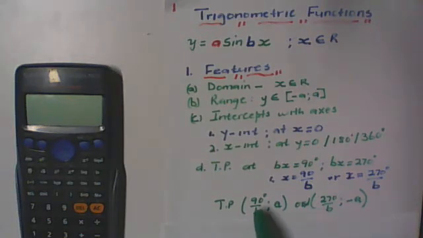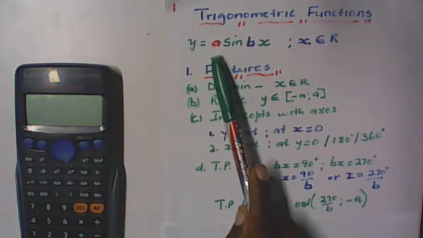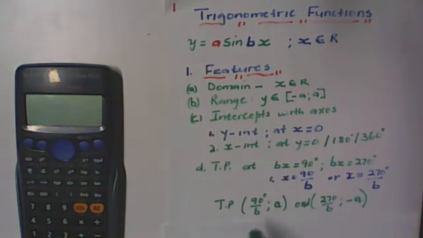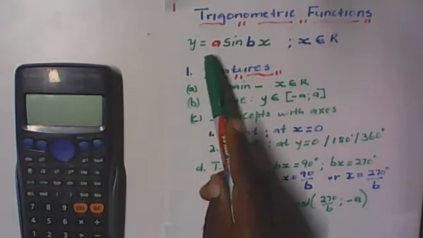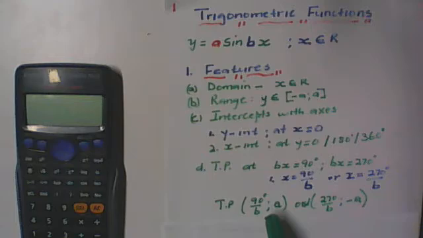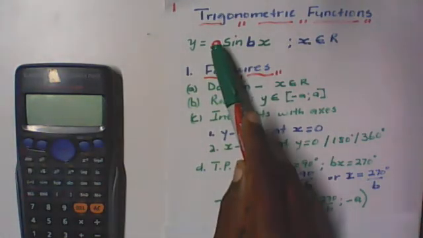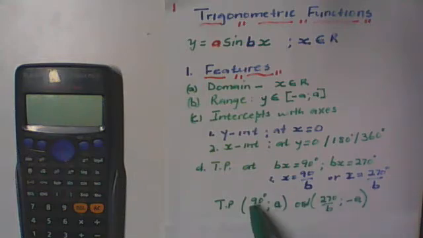If your a is positive, the graph is going to move upwards, with the first turning point at 90 being positive. But if the function is negative, that is your a is negative, then we are going to get a negative there. Look, this is positive, positive. But if it was negative, this is going to come here, we'll have negative, and then a positive there. It will just change.